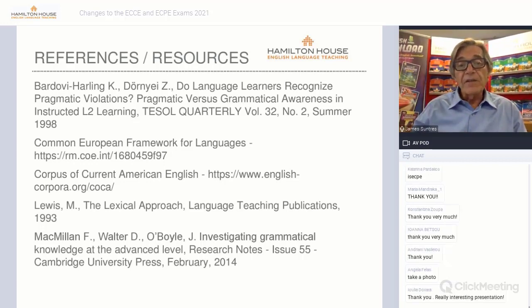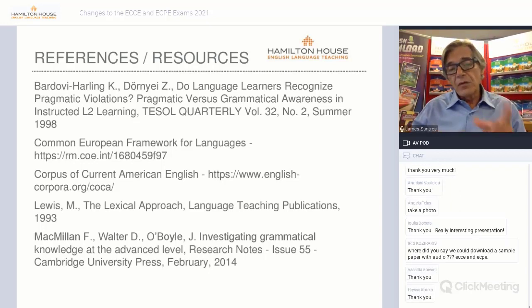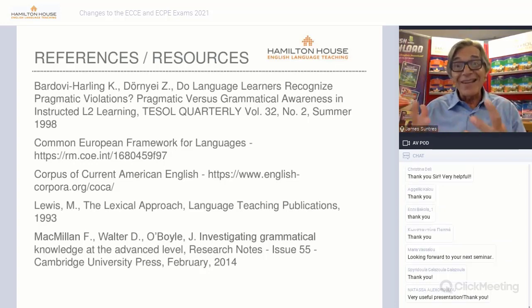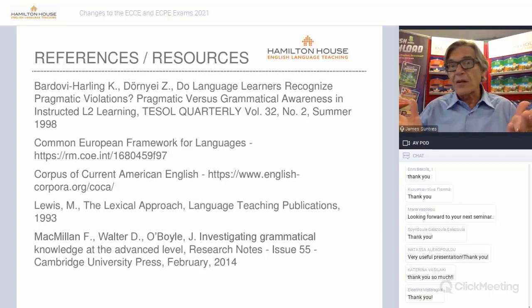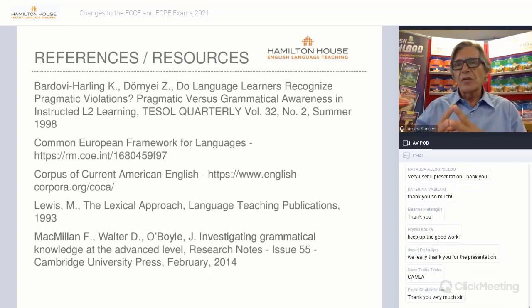And this article here, Investigating Grammatical Knowledge at an Advanced Level. Two of the writers, Walter and O'Boyle, actually work for Cambridge. They're test developers. And they talk about this issue about grammatical knowledge, and what is grammatical knowledge at the advanced level? And again, this issue of pragmatics occurs.